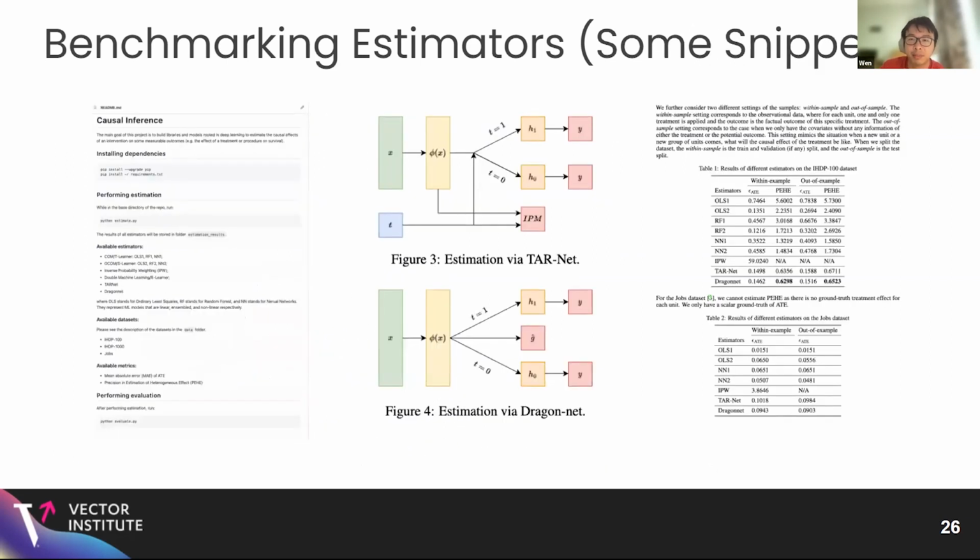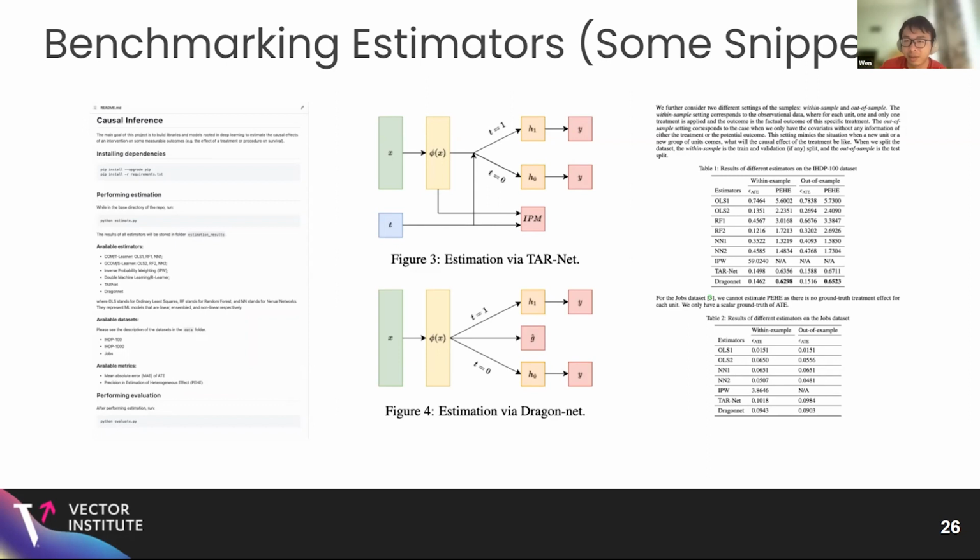Next, I will show some snippets about our work. Here, the first figure is the README page of our GitHub repo. The second image is some popular neural network architectures, which are the state-of-the-art methods for this kind of problem, and we also re-implemented them in our repo.